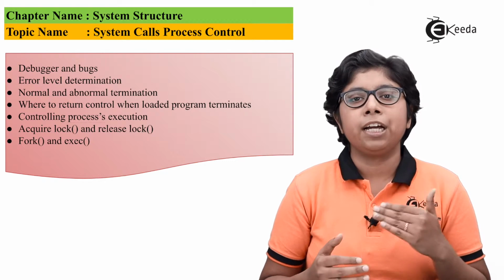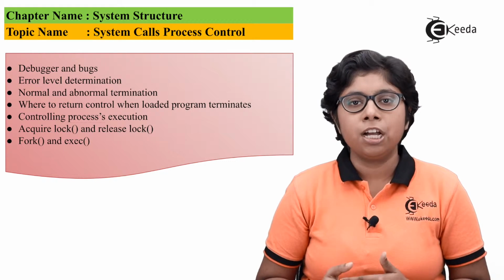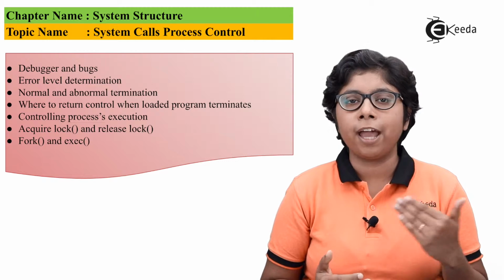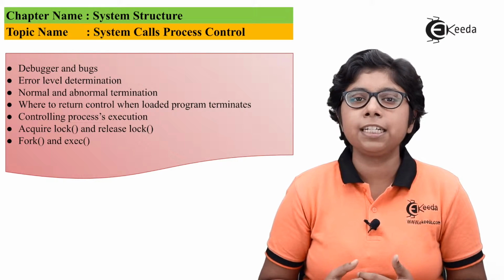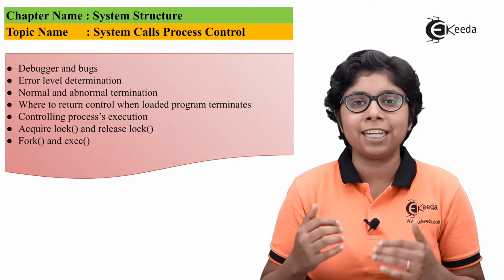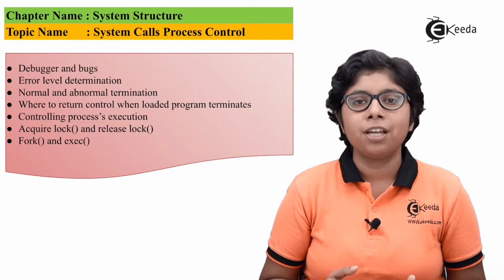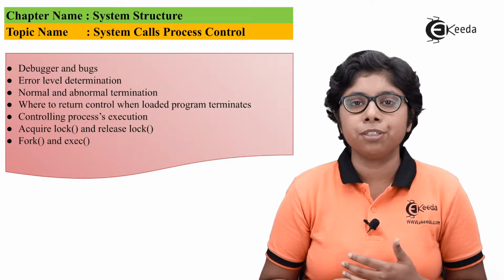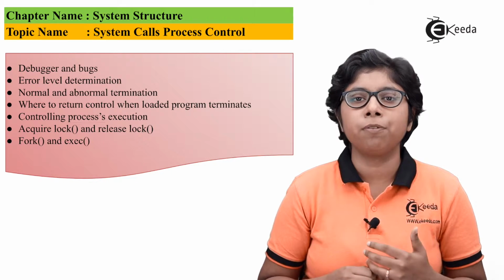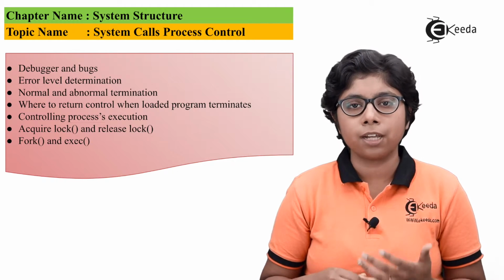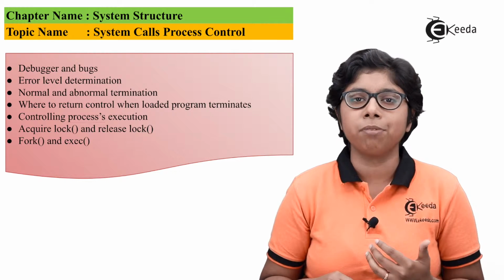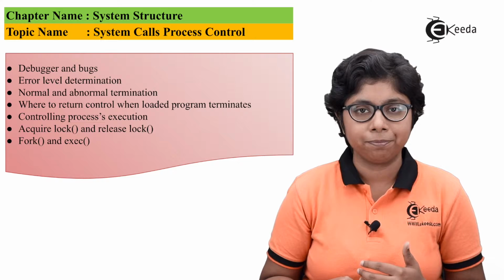Thus, by indicating this error level, normal and abnormal termination can be combined by designating a normal termination as an error at level 0. With the help of the error level, the following program or the user can terminate the process and the next action can be performed immediately by the operating system.